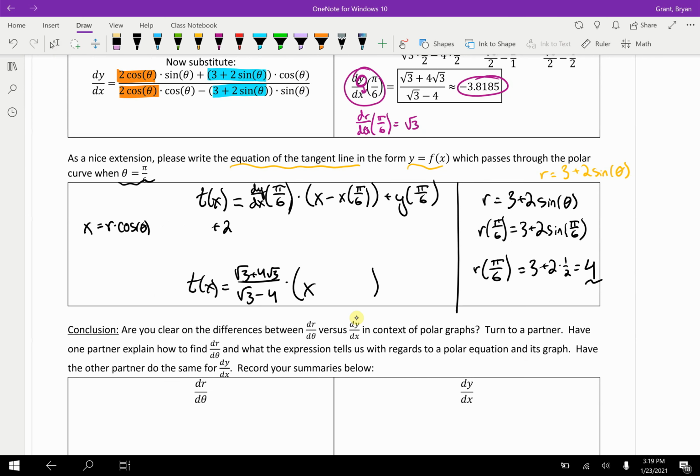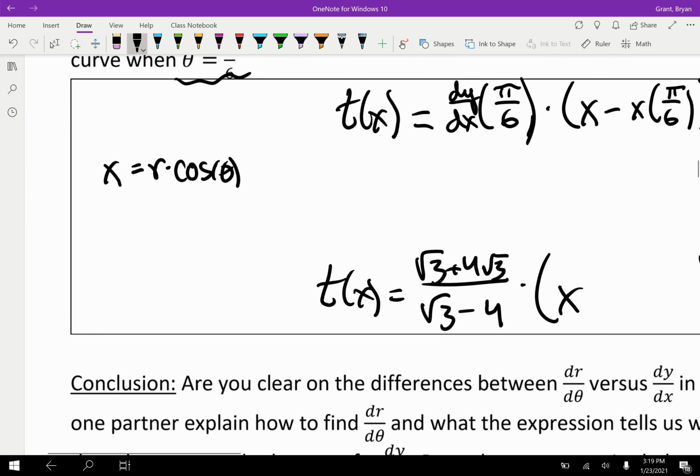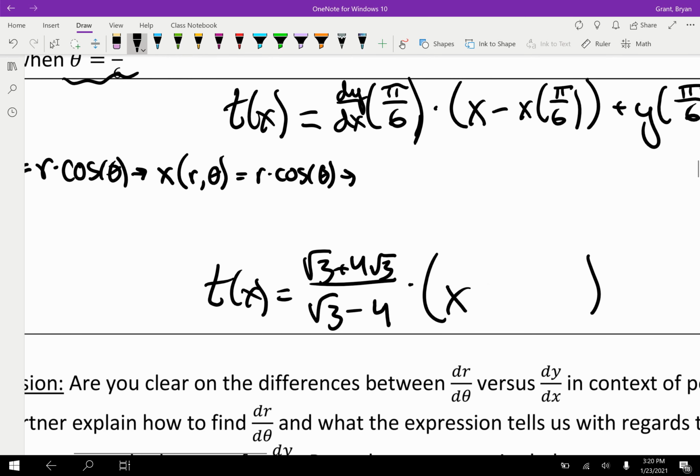Now I think we have enough information to figure out x here. x is technically a function with two inputs. So if you wanted, you could write this as x of r comma theta equals r times the cosine of theta. I don't think that's too common, but it is good practice with function notation.